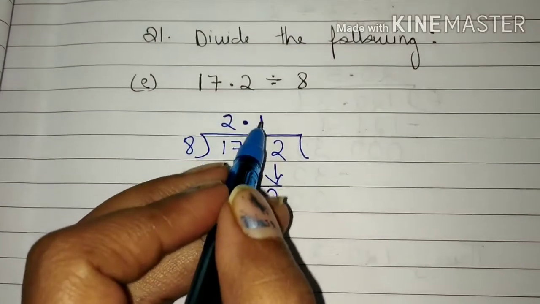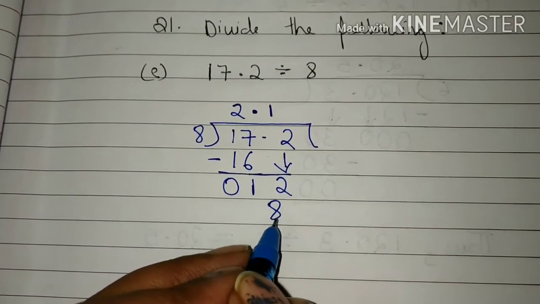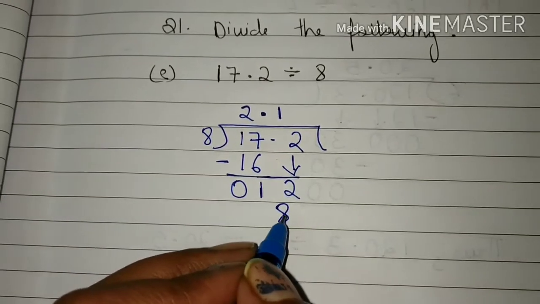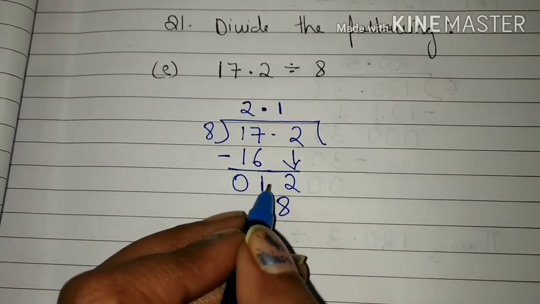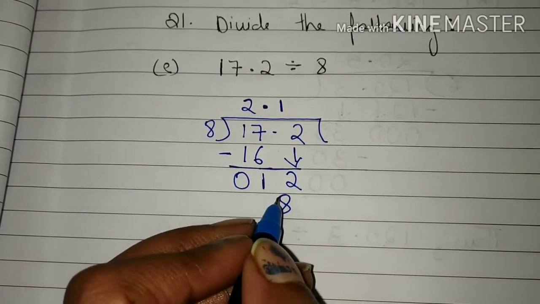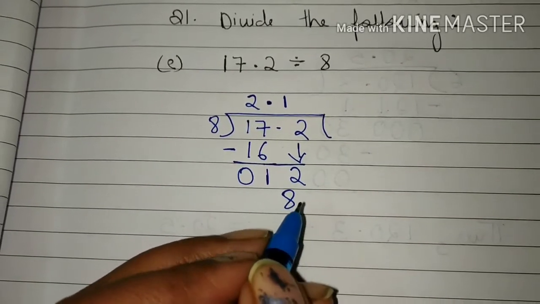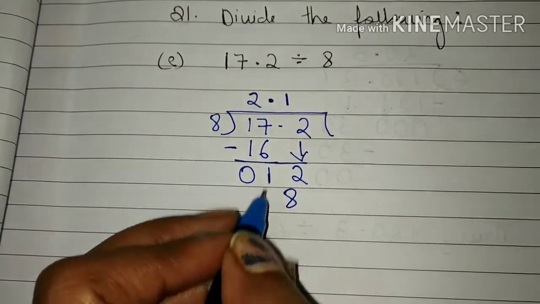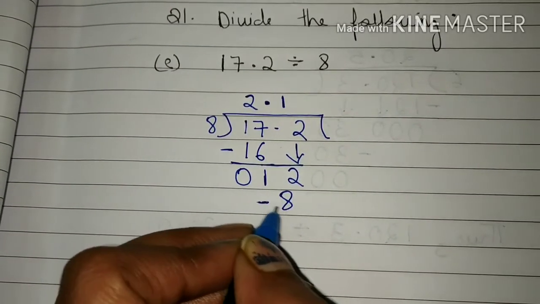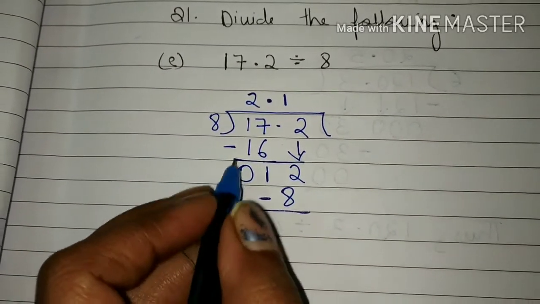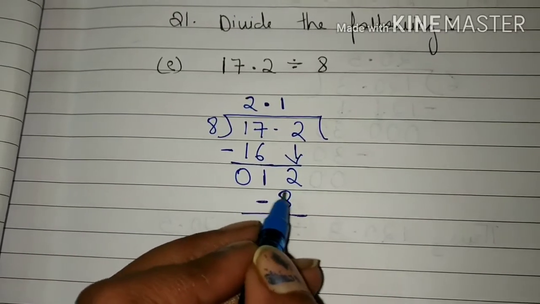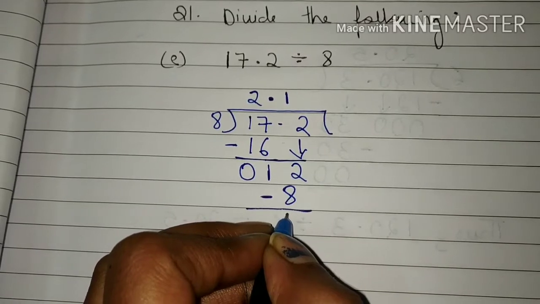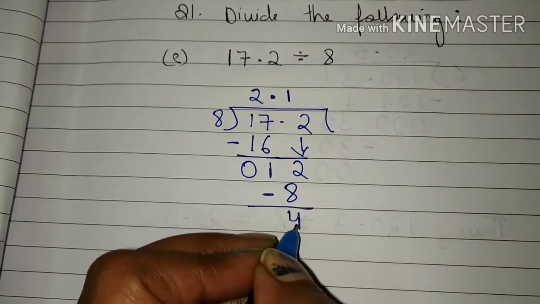We have written 1 here and then 8 here. Now students, we will subtract these two numbers. 12 minus 8 is 4. So we will write 4 here.